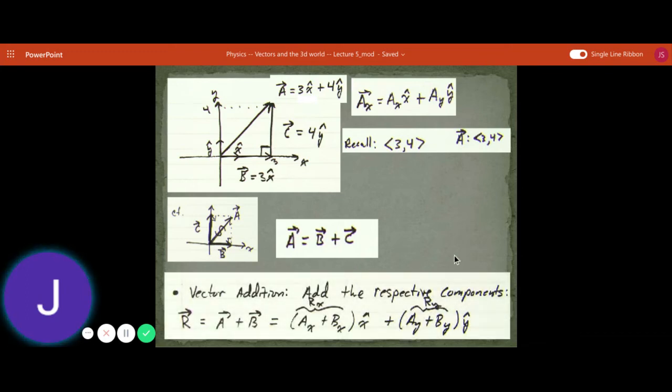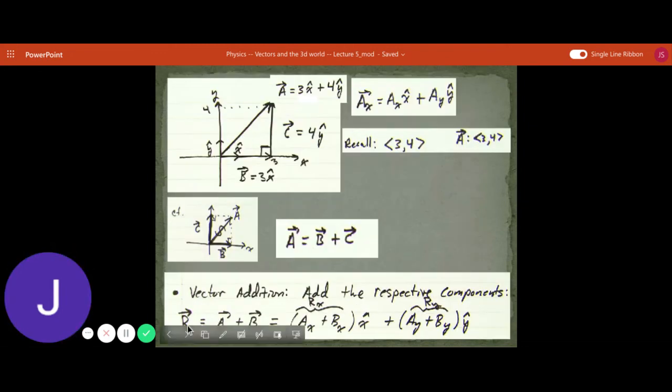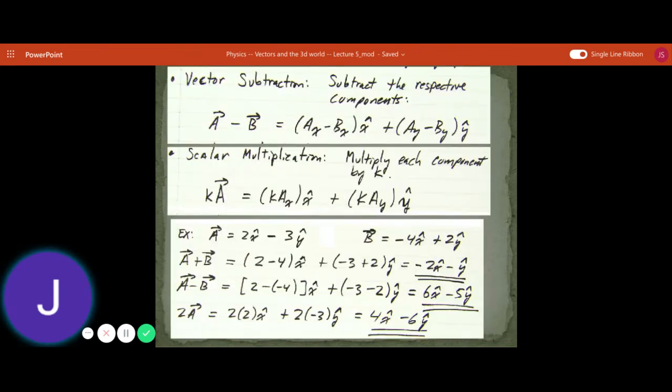So vector addition, we add the corresponding components. Here's that formula again. Oops, let me backtrack. Vector a plus vector b: this would be Rx, Ax plus Bx. This is Ry, Ay plus By. Let's look at some more of this math here.